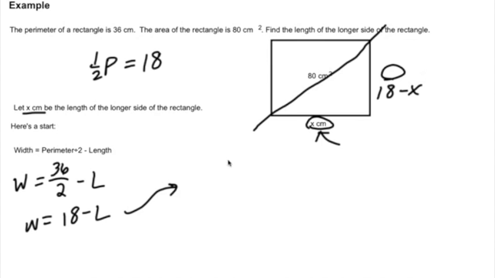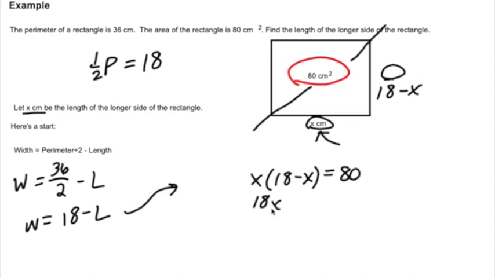So now to set up my quadratic equation, I know that the area is 80 square centimeters. So setting up my equation, I'm going to have x, which is over here, times 18 minus x, and that's going to equal 80, because area is length times width.